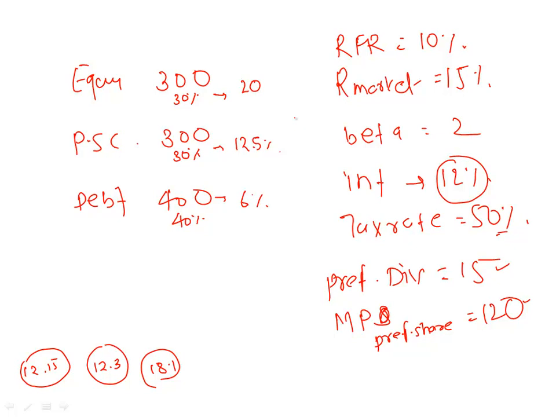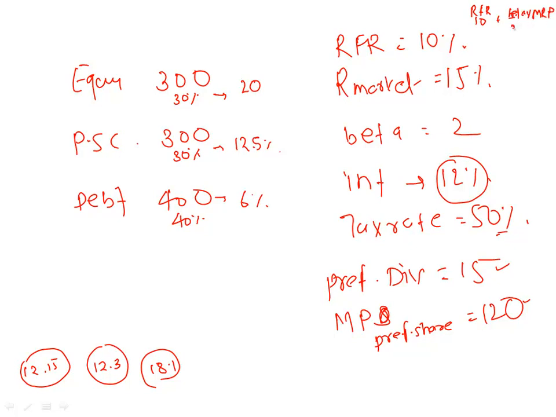Does anyone have any problem up to this? Anything which is not clear? Okay. Yes, any problem? Equity, sir. How much is your RFR? 10%. Your beta is 2, right? So RFR plus beta into market risk premium.